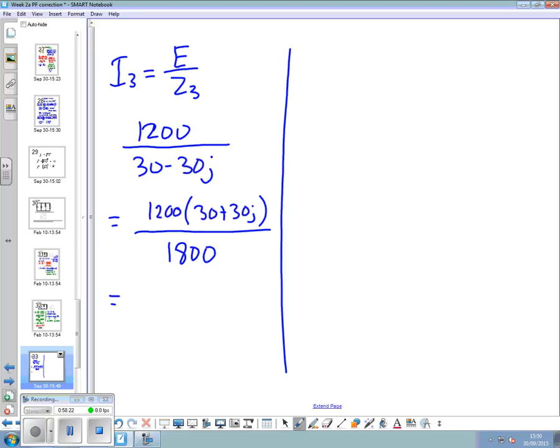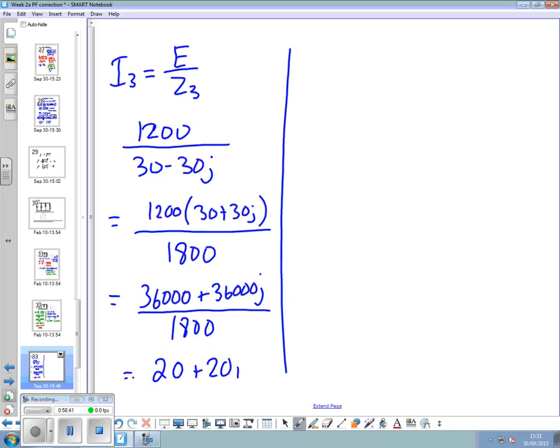Top line multiplies out to 36,000 plus 36,000J. Divide all of that by 1800, and the final answer comes out at 20 plus 20J amps.